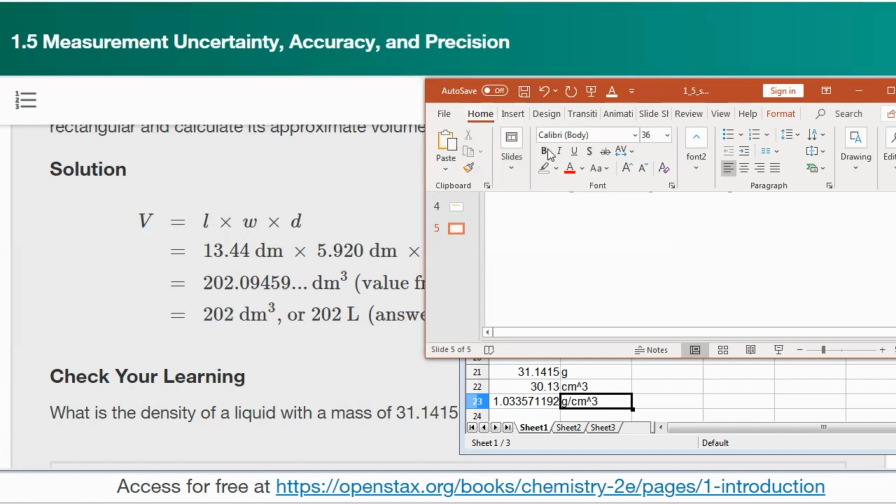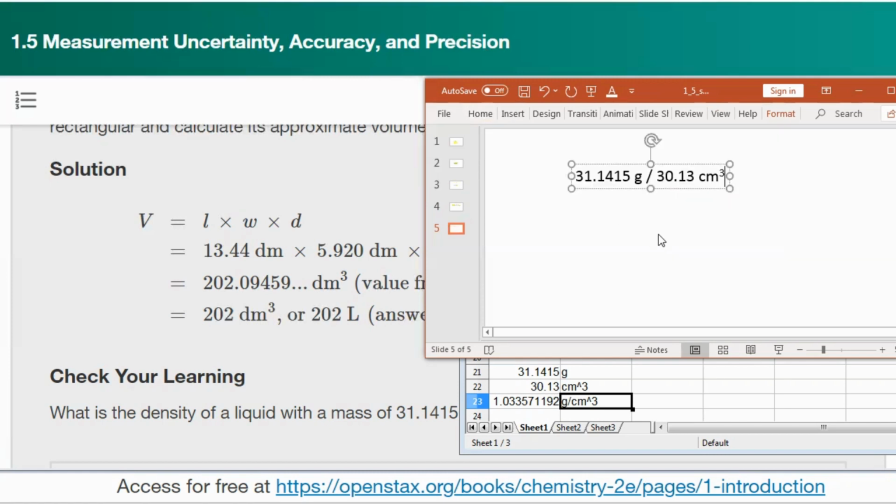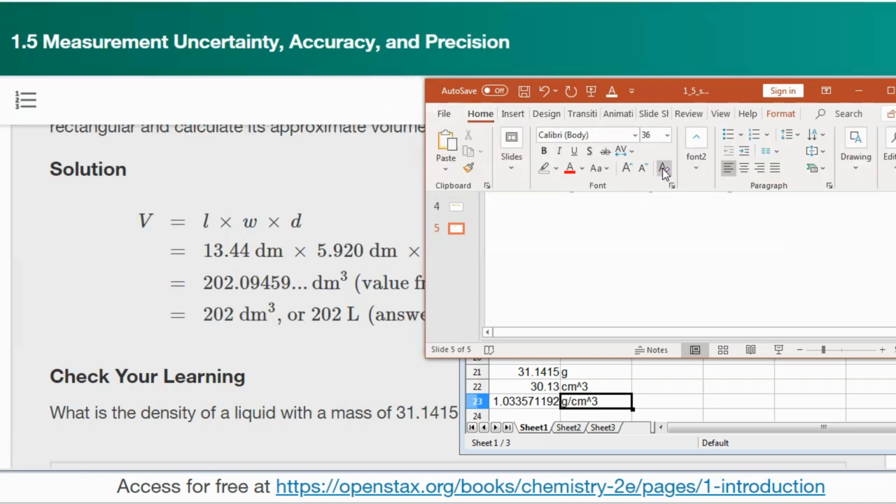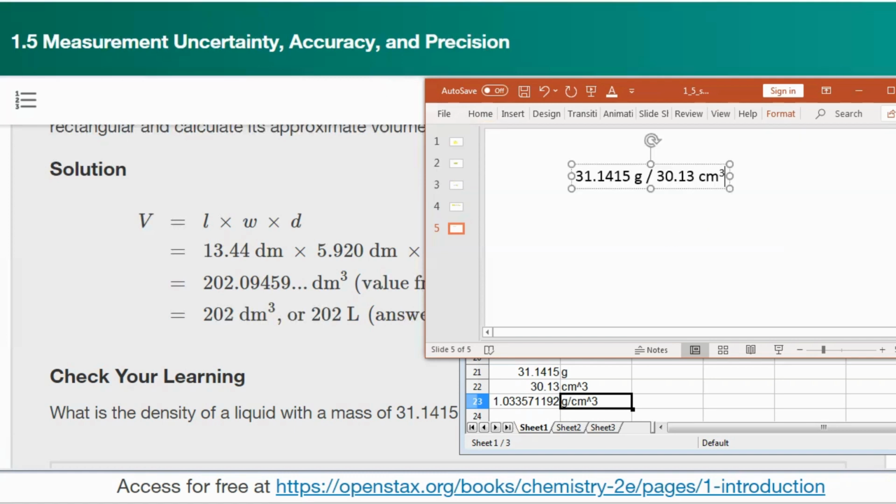Oh, I have to turn off the superscript. Apologies here, I'm making a lot of typos and I need to fix it. Equals 1.03357119.